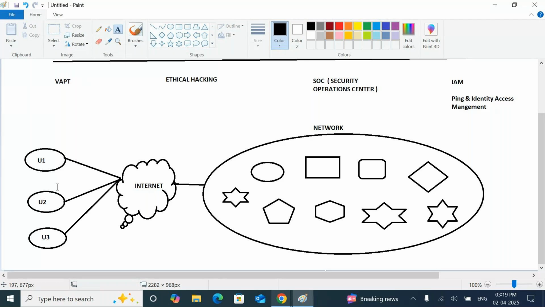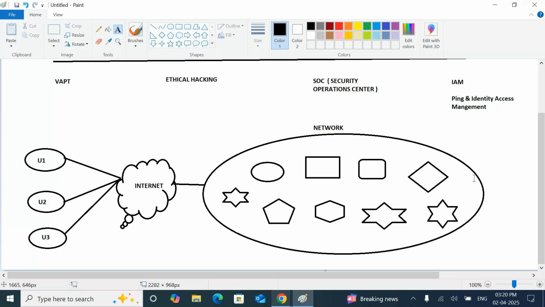These are legitimate users or illegitimate users. Legitimate means genuine, so simply authorized users. Among the multiple users, some are authorized, some are unauthorized. All of them are trying to access the network to achieve some activity. They travel via the network and connect to these devices.